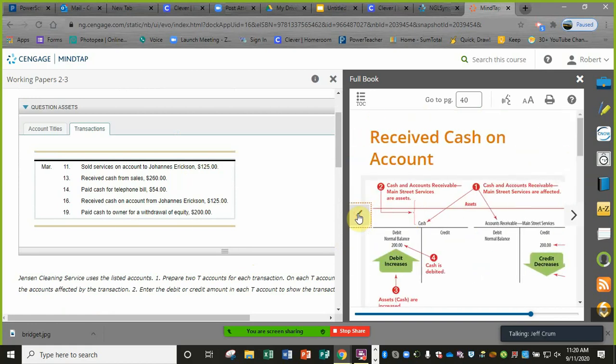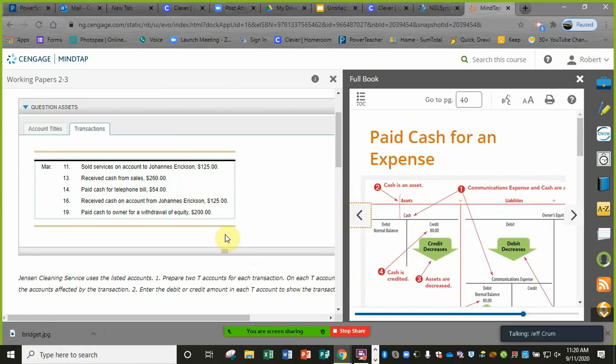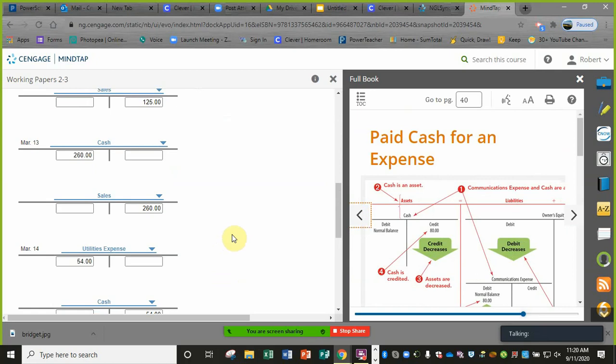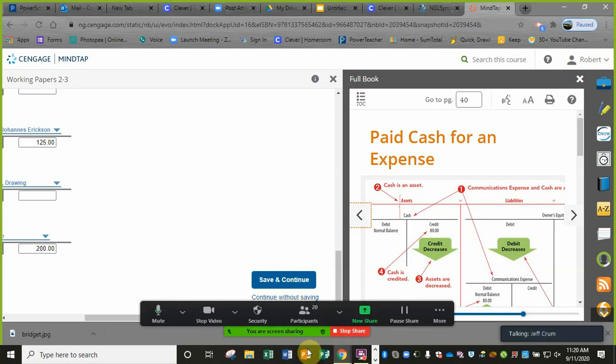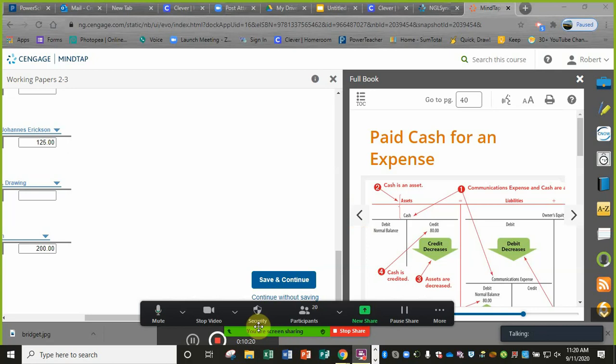I've got the examples here in the book. You just go down here to the bottom, save and continue. And that'll get you to the on your own. Do that one. I'll stop this here.